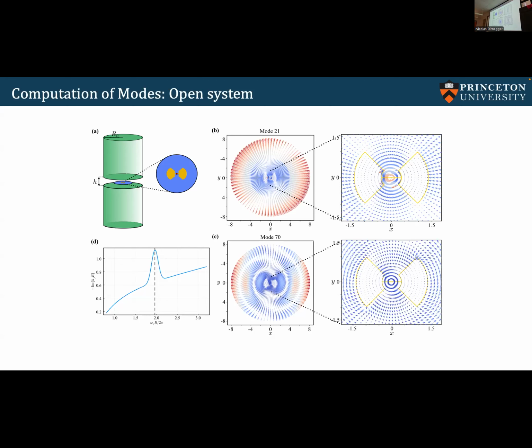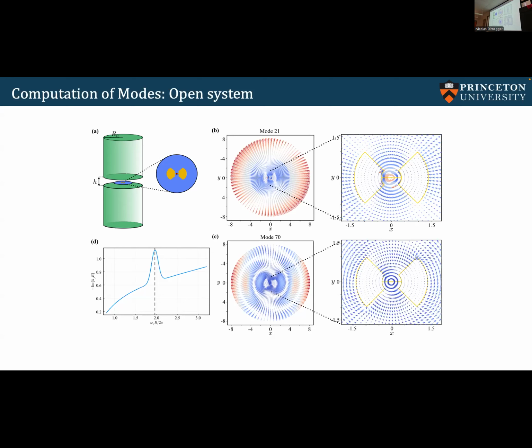And if you perform a frequency scan, shown on the bottom left there, by varying the qubit frequency, then as the qubit frequency approaches the cavity mode, we will see very strong hybridization between the cavity mode and the qubit mode.